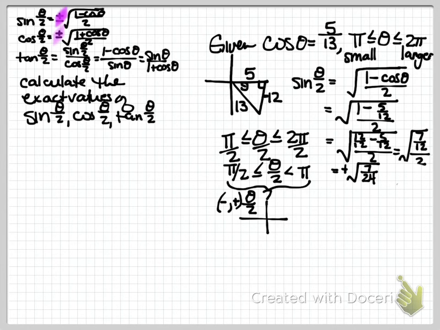Now let's do our cosine. And this is going to go a lot faster because the only difference between the sine of our half angle and the cosine of our half angle is that there's a plus sign now inside of it. So the cosine of theta divided by 2 equals the square root of (1 plus the cosine of theta) divided by 2.